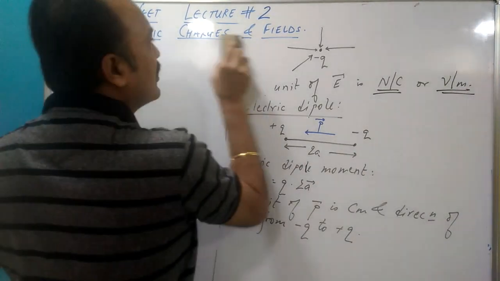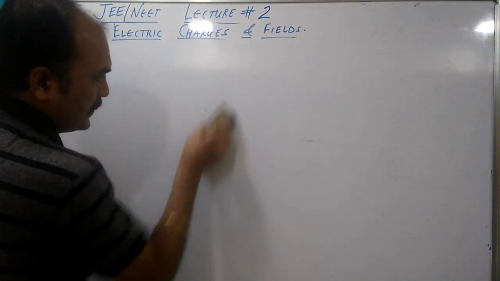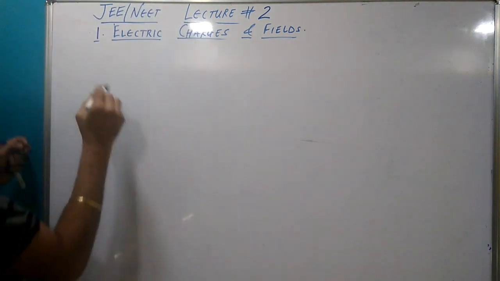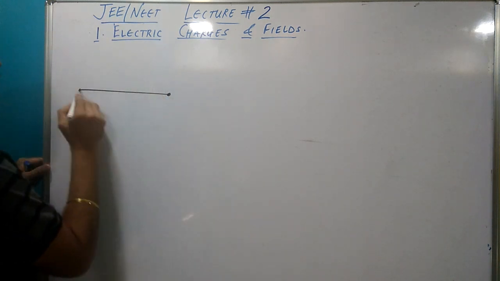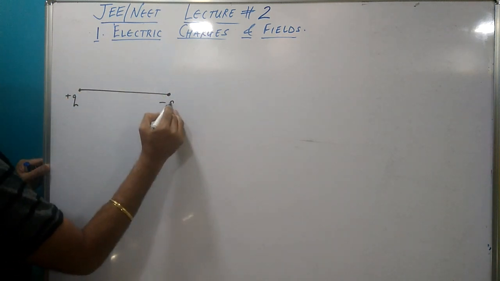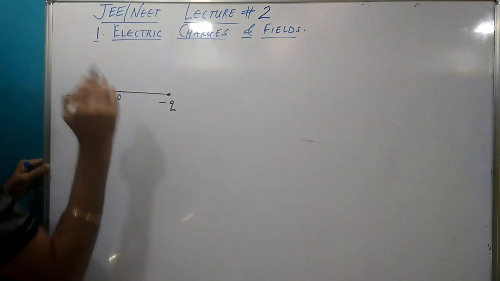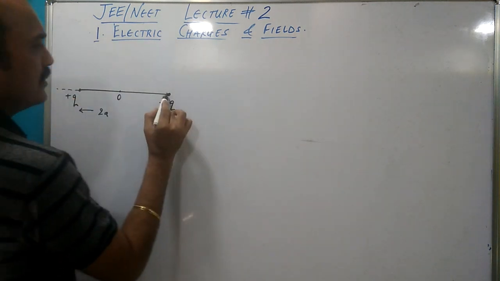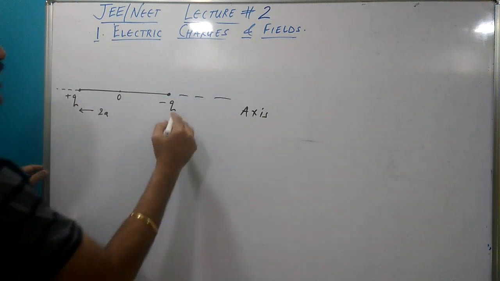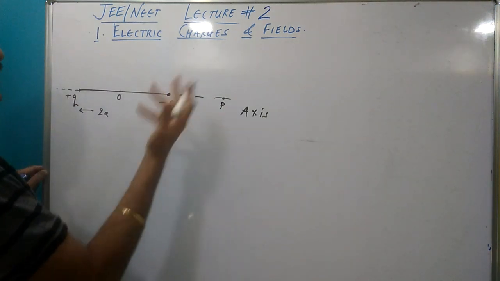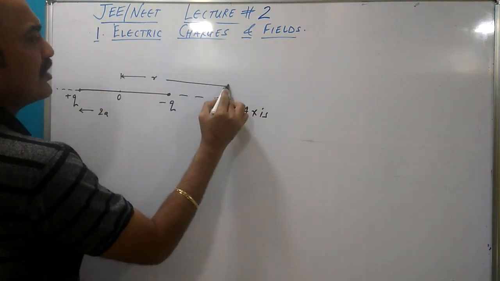Let us say we have a dipole and we need to find the field. This is plus Q, this is minus Q, the distance is 2a, and this is the midpoint of the dipole, this is O. And this line is the axis, and let us say this is point P. You can put it anywhere, doesn't matter. This point P is at a distance r from the center of the dipole.